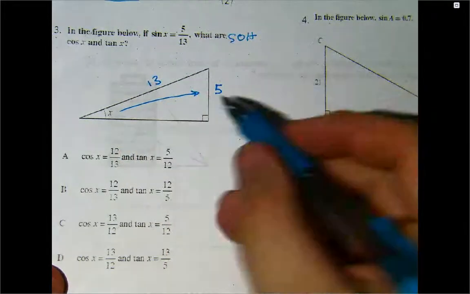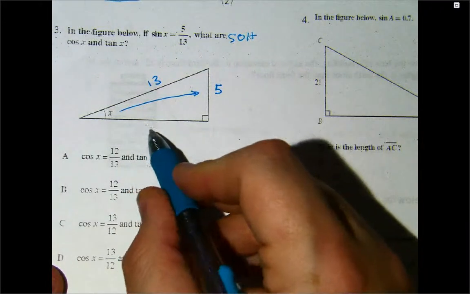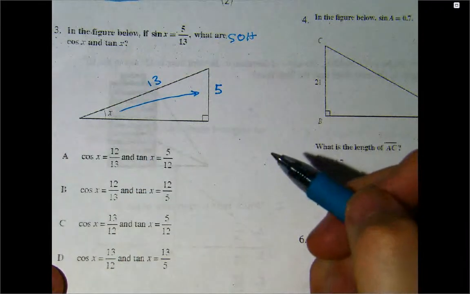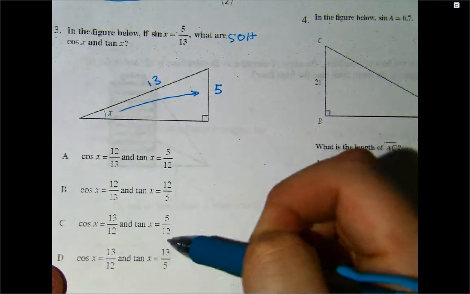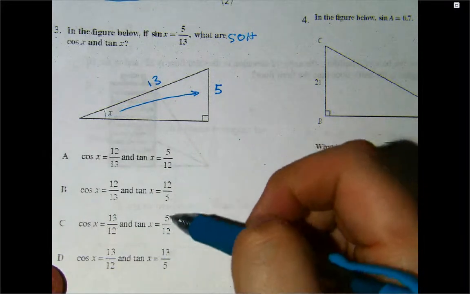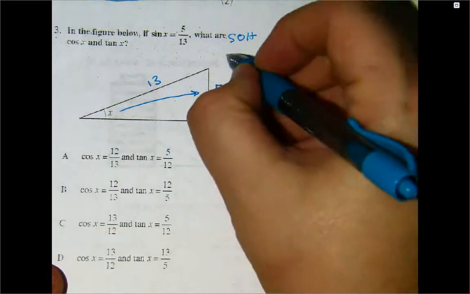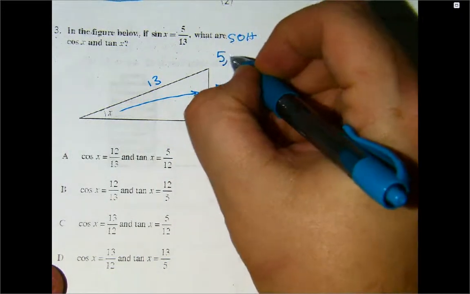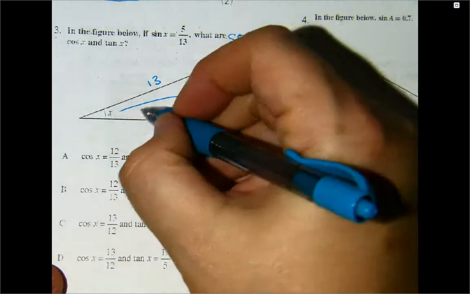Now, how can we figure out this last side? Well, you can look at all the answers, and what's the other number? 12. So I'm pretty sure that's a 12, but there is a Pythagorean triple that says 5, 12, 13. That's a special type of triangle, so that's a 12.